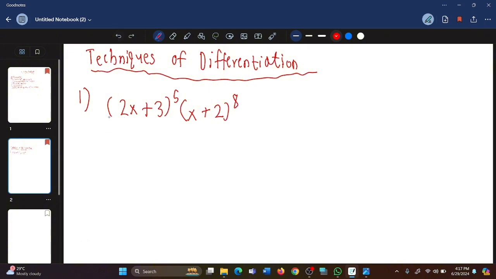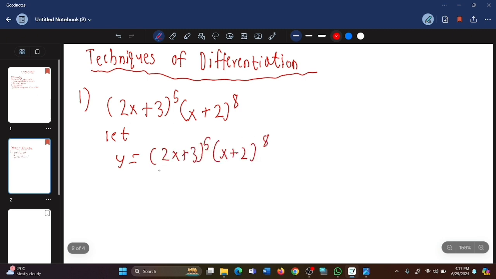First we say let y equal the equation, (2x + 3)^5 (x + 2)^8. Now we write dy by dx to differentiate it. Let's see what the formula list says about how to differentiate this equation.